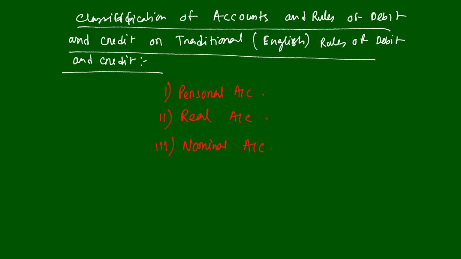Okay, personal account, real account, and nominal account, and different rules of debit and credit of these accounts are developed. The classification of accounts and rules of debit and credit are discussed in this chapter.